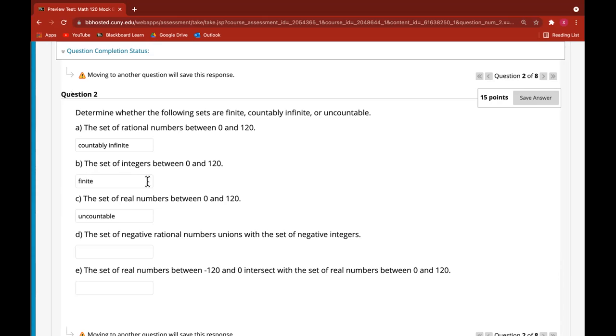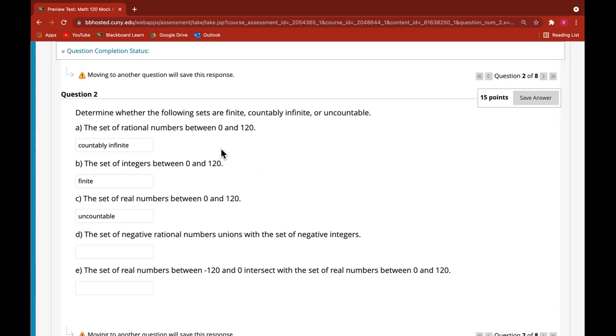You want to find all the rational numbers between 0 and 120. There are infinitely many rational numbers between any interval.